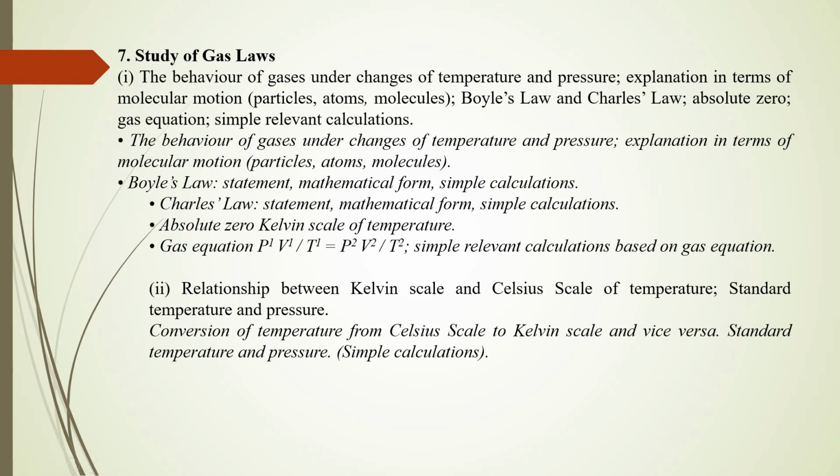You have to make yourself clear about absolute zero, which is the Kelvin scale of temperature. And finally you have to learn about the gas equation, which is the combination of Boyle's law and Charles' law. So without any delay, let us quickly revise the 2 gas laws, Boyle's law and Charles' law.